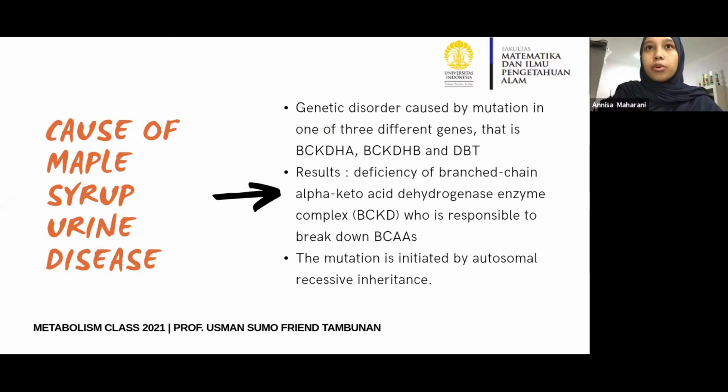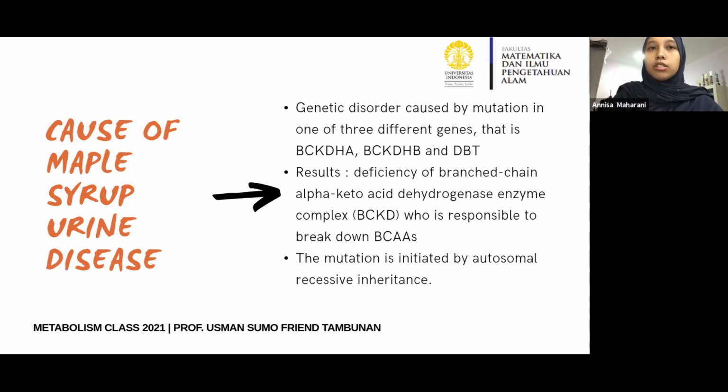These 3 are protein coding genes. BCKDHA is short for branched chain keto acid dehydrogenase E1 subunit alpha, BCKDHB is subunit beta, and DBT is dihydrolipoamide branched chain transacylase E2.